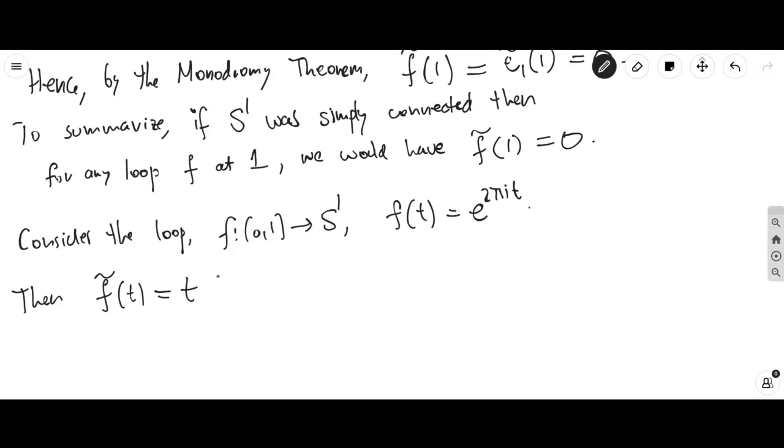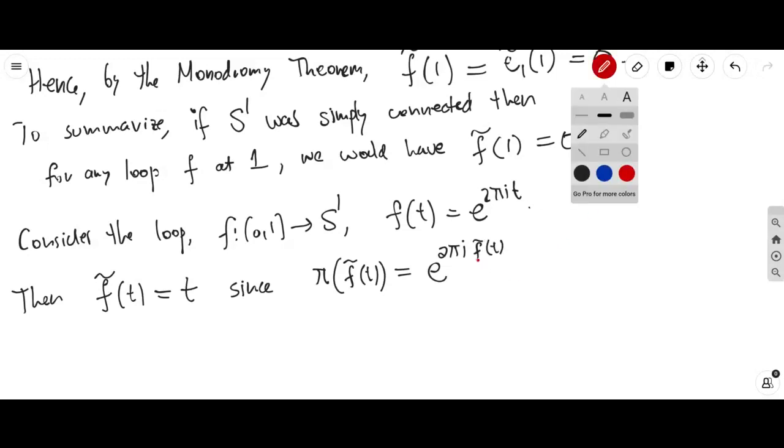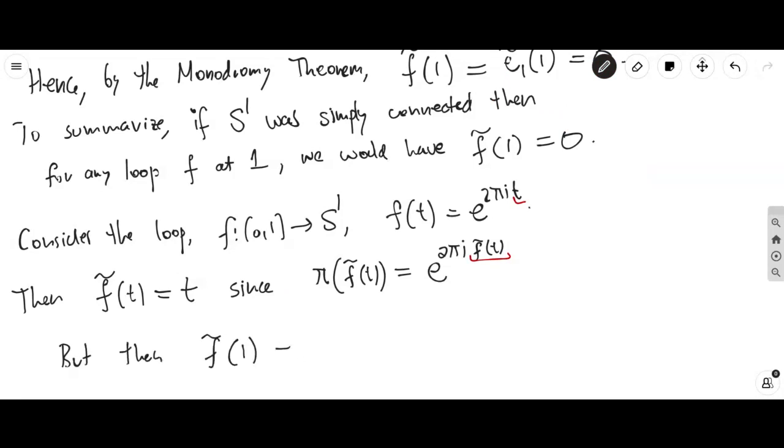Because pi of f tilde of t is equal to, how is the mapping pi defined? This is e to the 2 pi i, and then it's f tilde of t. So therefore this has to be t to match with that. So it has to just be t. But then f tilde of 1, its terminal point is 1, not equal to 0. And that's the reason why the circle is not simply connected.